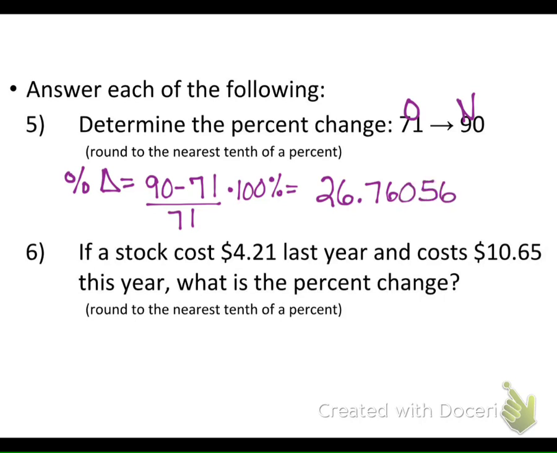Okay. What number is in my tenth place value? 7. I'm going to look directly behind the tenth place value and determine if I round the 7 up or not. Am I going to round the 7 up based on the number behind it? Yes. So that 7 is going to go to an 8. So my answer is going to be 26.8.